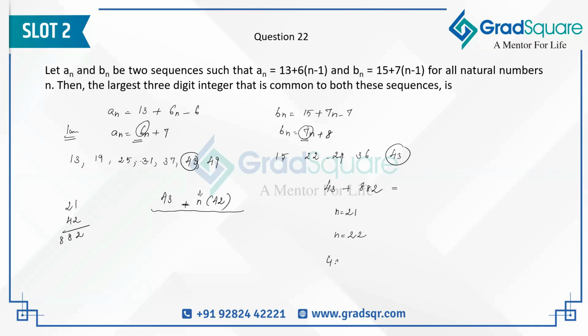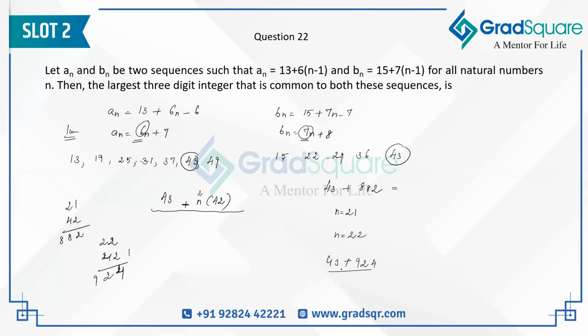Then you will get 43 plus 21 into 42, which is 42 into 22. This is a 4, this is going to be a 12, and this is going to be 924. So you see that 924 is going to be here.